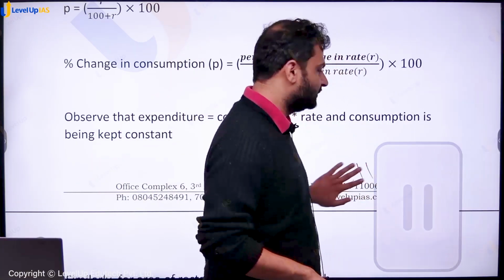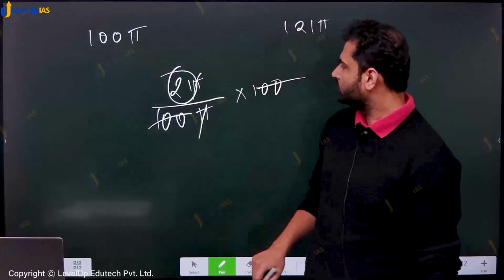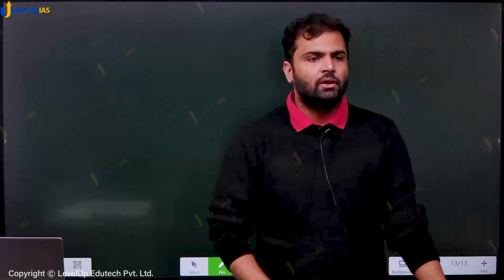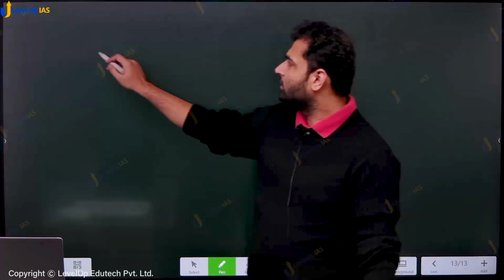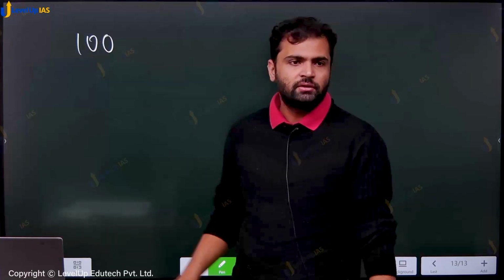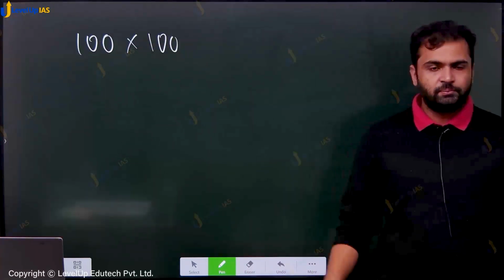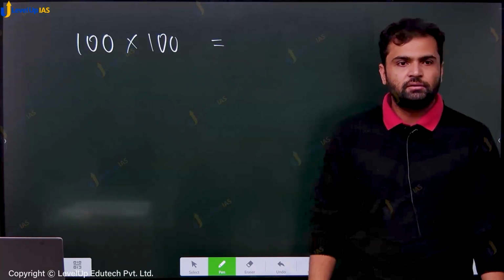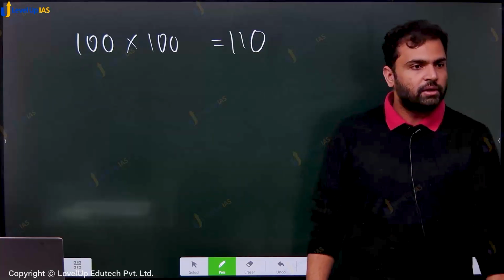That got erased, let us do it again. Or if you don't want to work with P and C, we can assume that initial consumption was 100 and the initial rate was 100. So this was the initial expenditure. Now the rate has been increased by 10%, so it becomes 110.